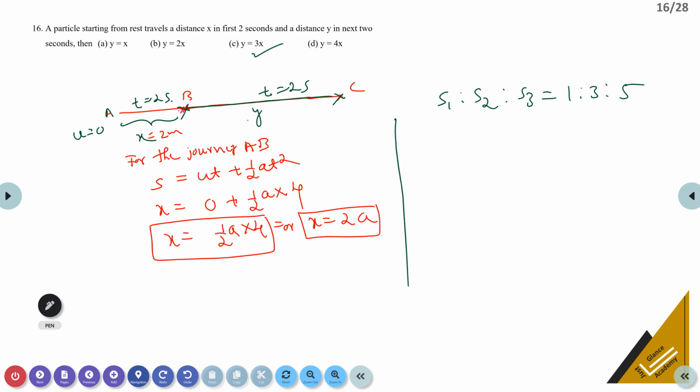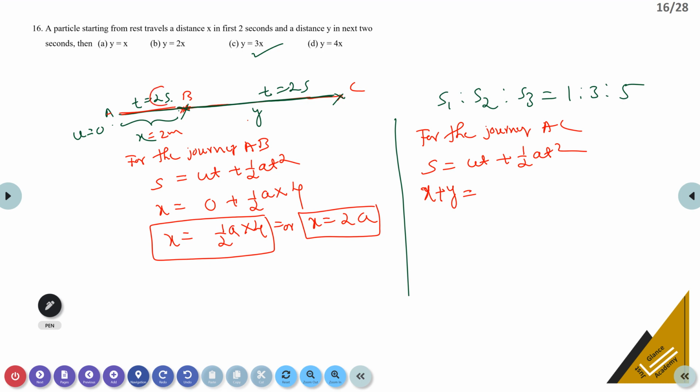Next, students. For the journey A to C, I can calculate because I know the initial velocity. For the journey AC, S equal to ut plus half at square. This is x plus y, because from here to here it is x, and from here to here it is y.